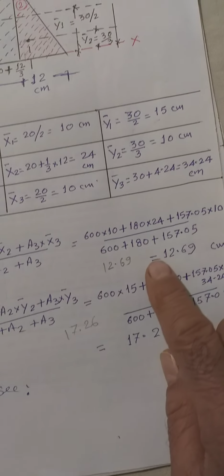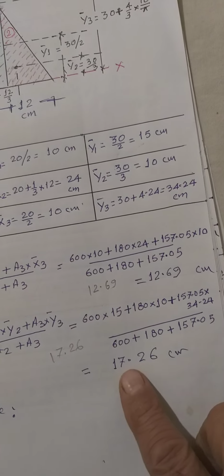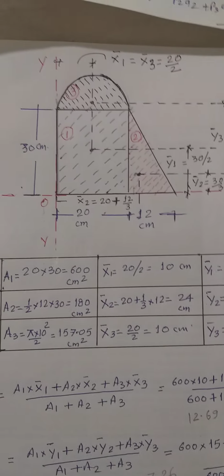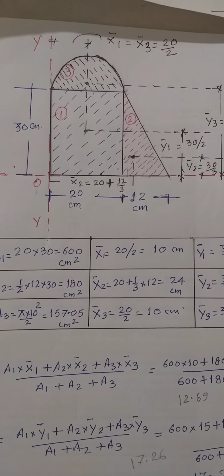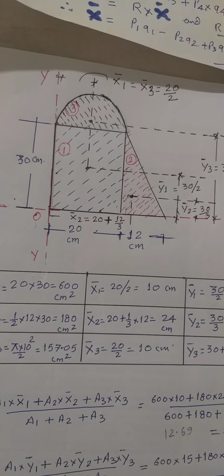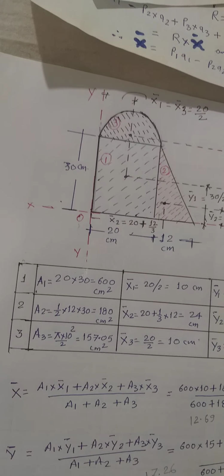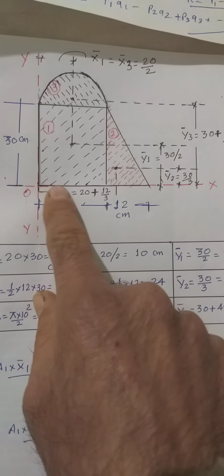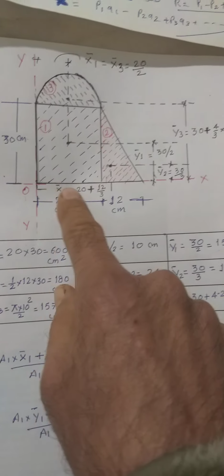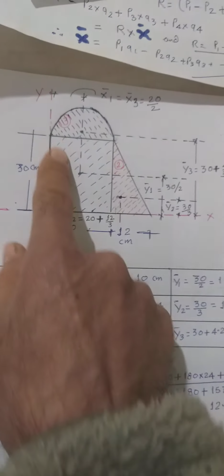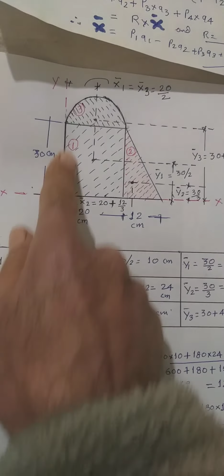You can verify whether the answer is right or wrong, but first consider these dimensions and try to calculate. One important thing is that Y bar is measured from this reference line, while X bar individually always starts from this Y axis.